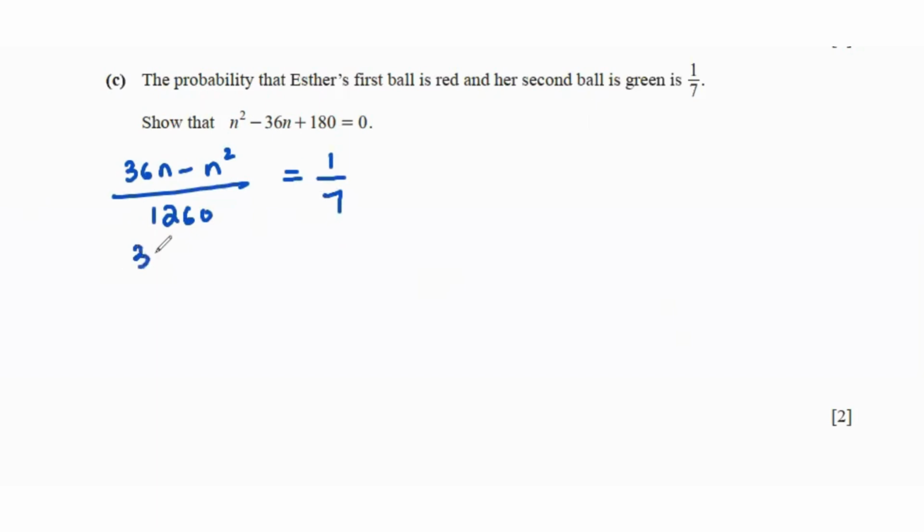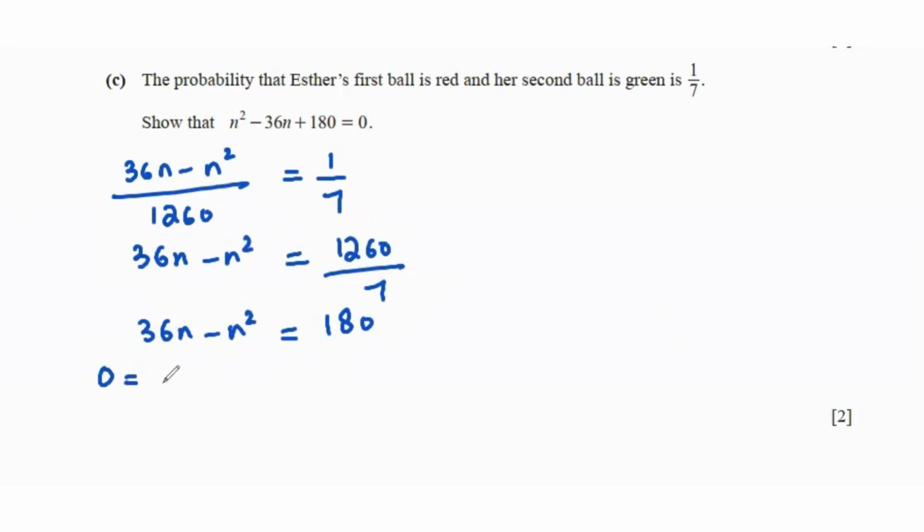Cross multiply: 36n minus n square equals 1260 over 7, which is basically equal to 180. We move 36n minus n square to the right hand side. That's going to be n square minus 36n plus 180 equals 0.